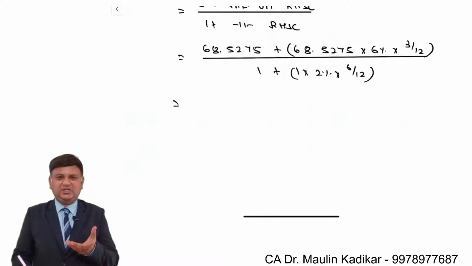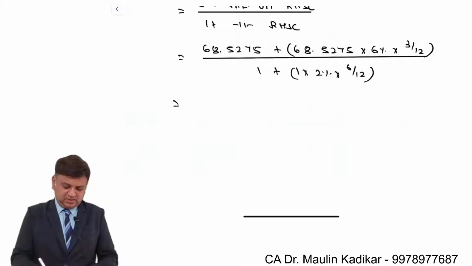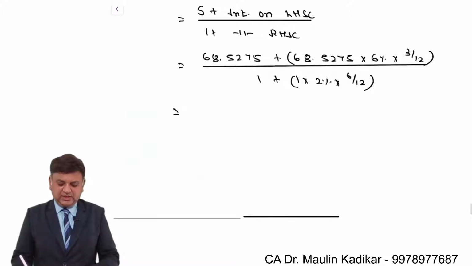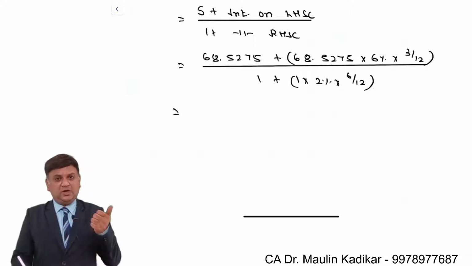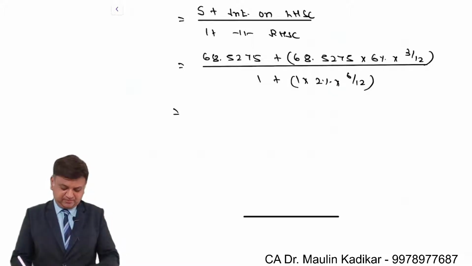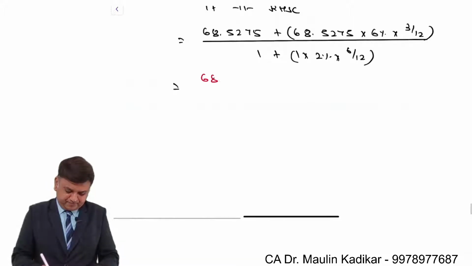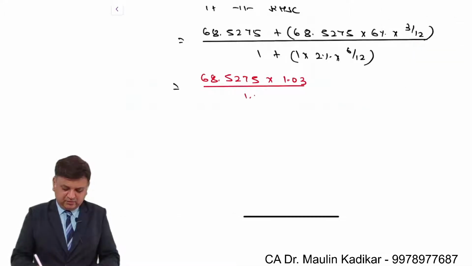We make a rational assumption that as far as this rate calculation is concerned, we will be getting interest in dollar currency at 2%. 68.5275 into 1.03 divided by 1.01.